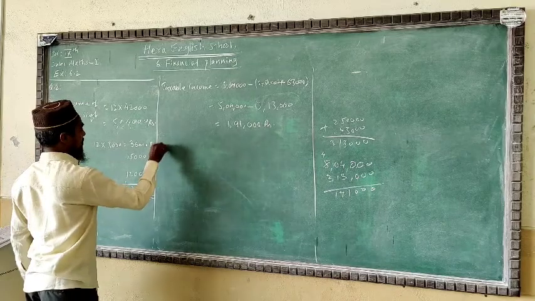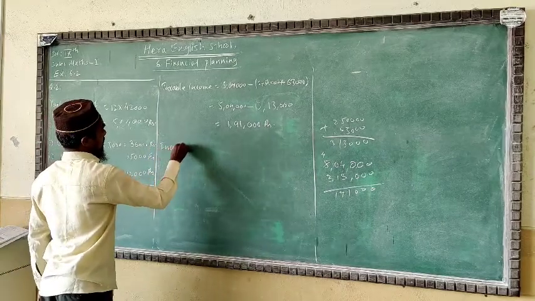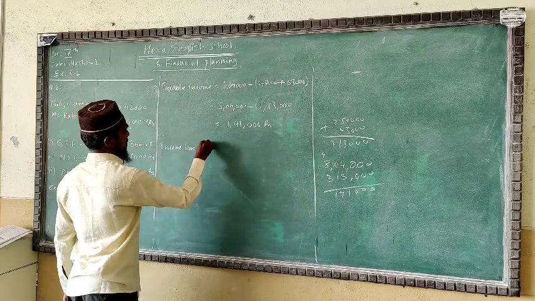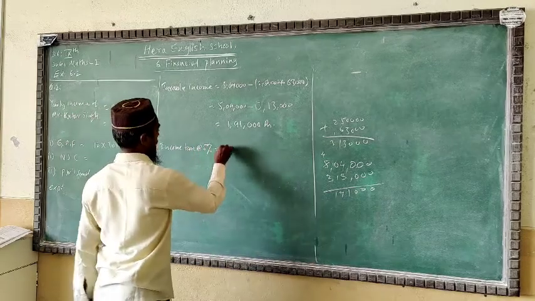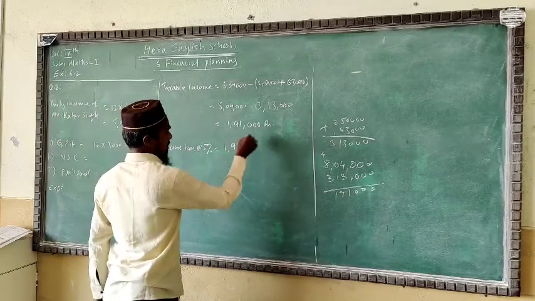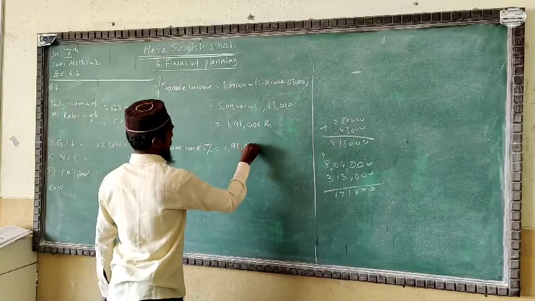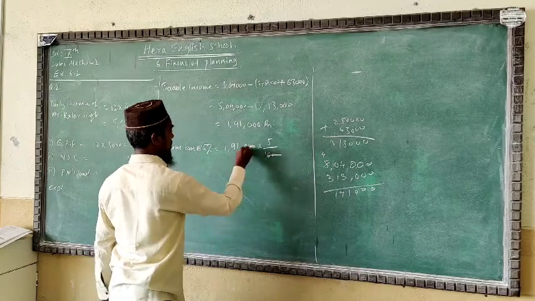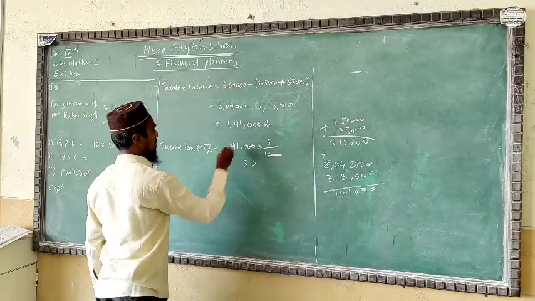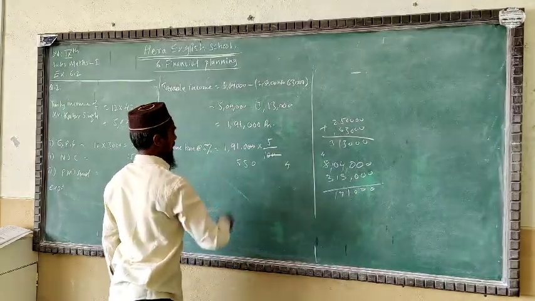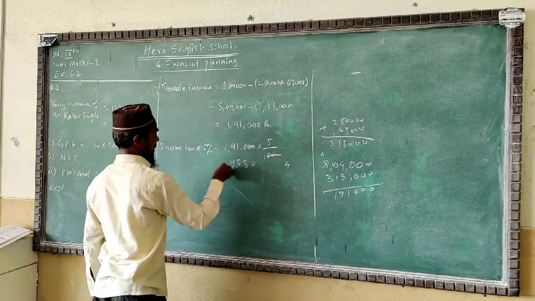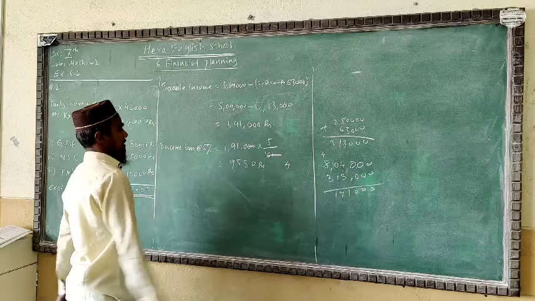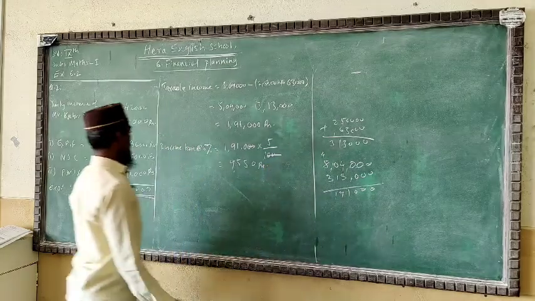Okay, income tax, we will bring the first income tax at 5% of the income, 1,91,000 into 5%. Take the 2 zeros cancel, 5 0 0, 5 1 is 5, 5 9 is 45, carry 5, 1 is 5 plus 4, 9. We have here 9,550 as the income tax.